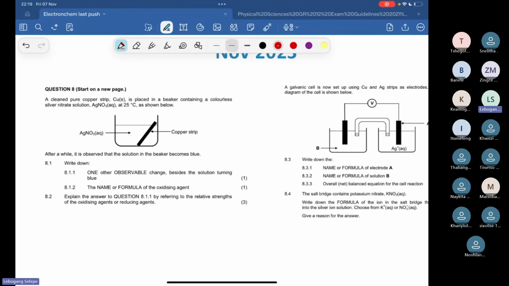They say that silver nitrate is in a solution with a copper strip, right? So we know this is copper metal. When we go to our 4B table, we see that copper is above Ag+. Remember, silver nitrate dissociates into Ag+ and NO3-.